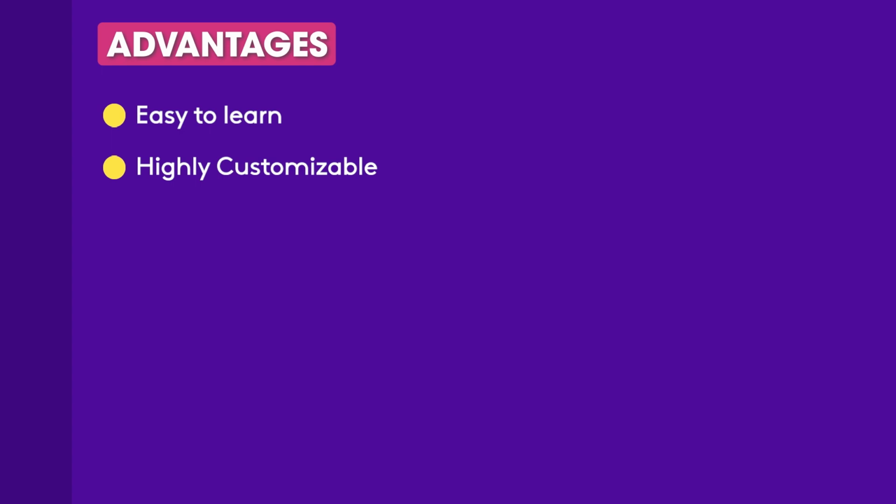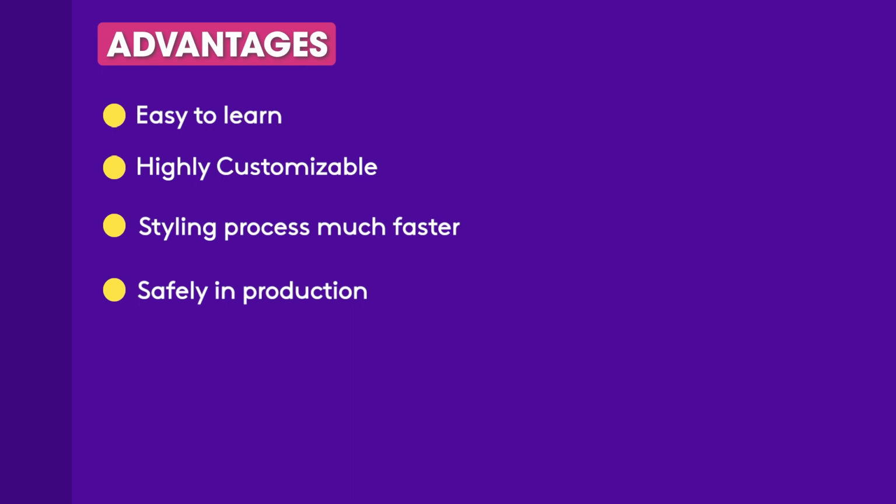There are some more advantages of Tailwind CSS. It is easy to learn, it is highly customizable, which means we can change its styles or add our own styles. It makes the styling process much faster. We can safely use it in production. We can easily create responsive designs.